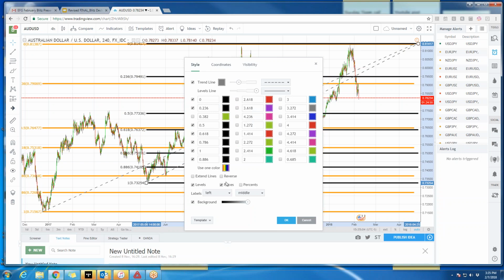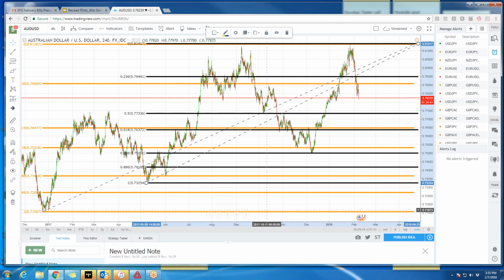I've also added two Fibonacci's in. The 886, I don't believe, is on the standard. And there's one more. I can't remember. Maybe the 382. But okay, so I have another Fibonacci right here.